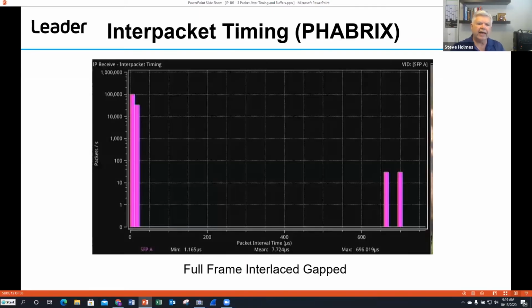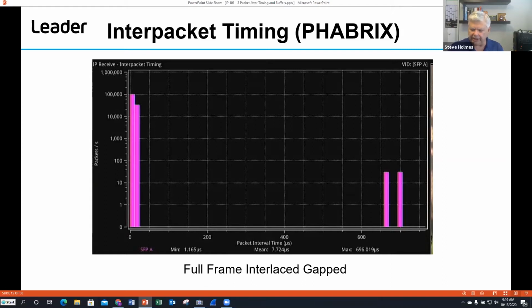When we look at the Fabrics, it's looking at the jitter across the bottom and how much jitter we have going across. It's the equivalent of taking the time chart and turning it on its side.